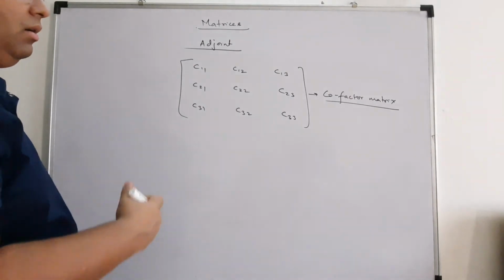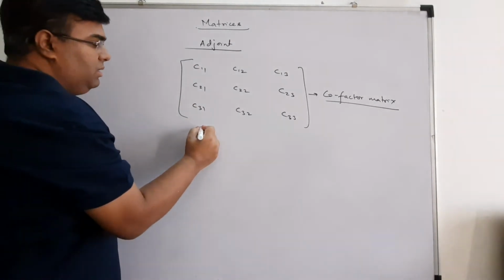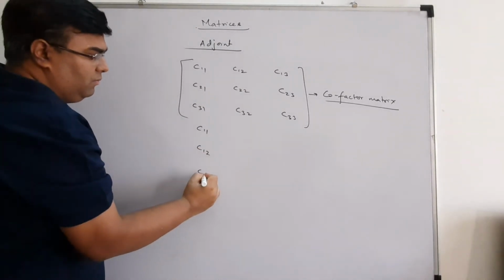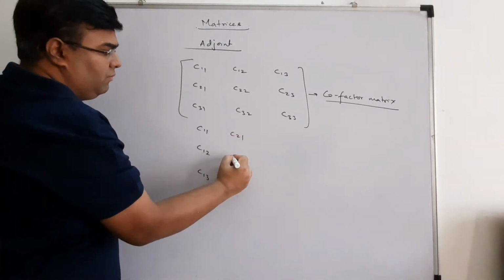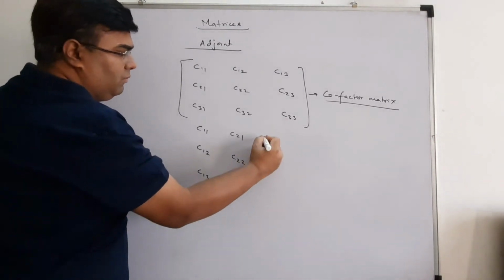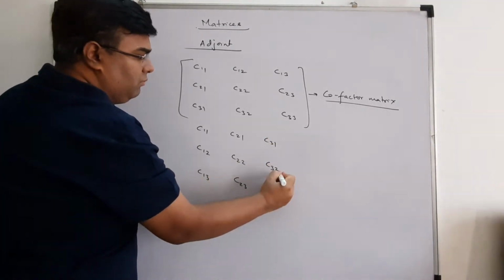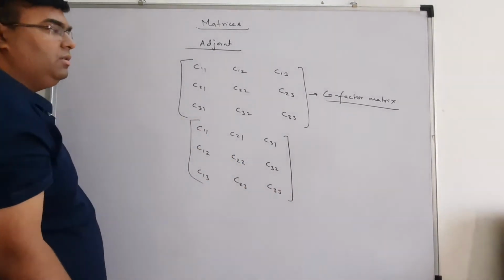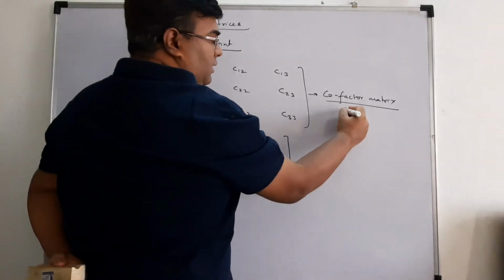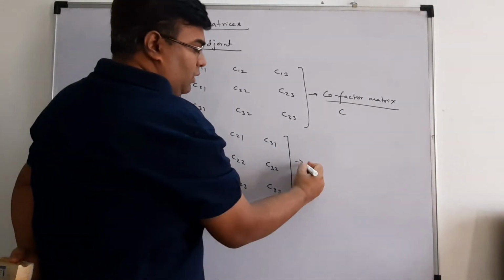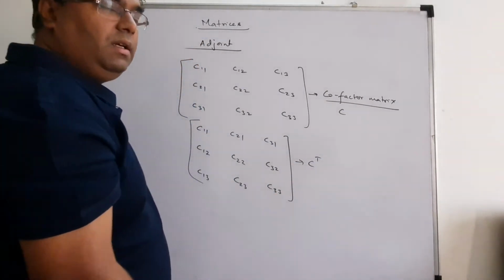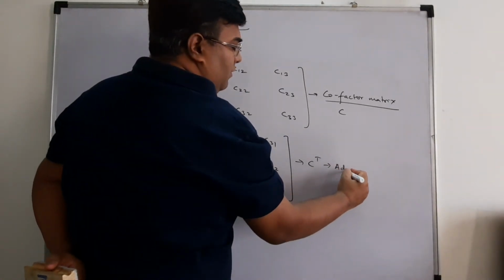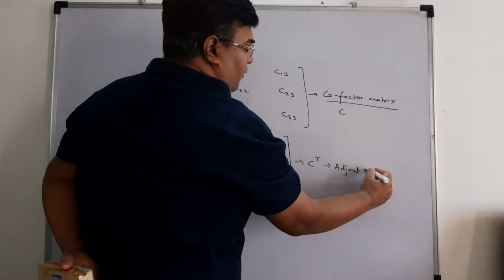If I make a transpose of this, meaning converting rows into columns, it is denoted by C. So what is this? C transpose. This is known as my adjoint of a matrix.